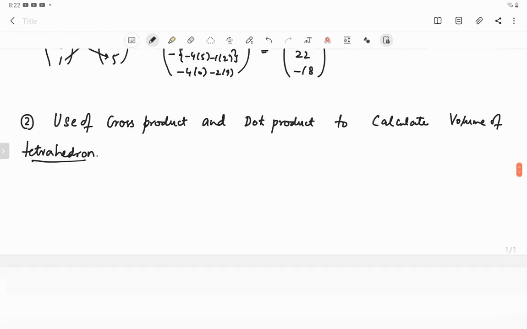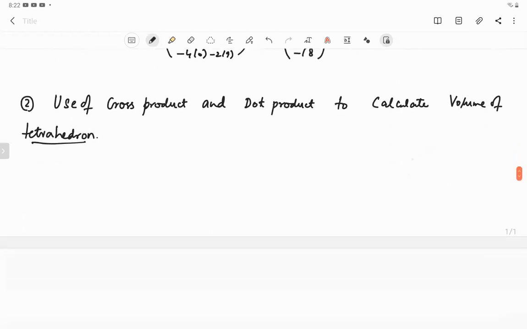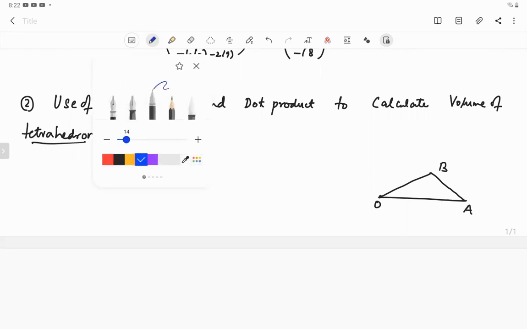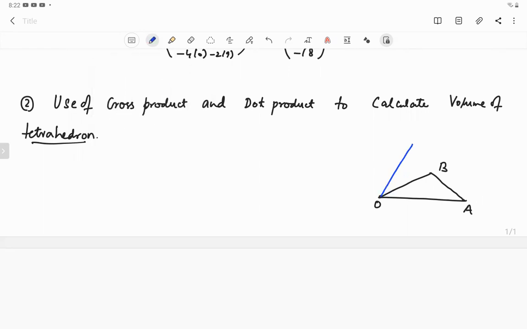What is a tetrahedron? This is O, this is A, this is B, okay? This is a two-dimensional triangle, okay? And then C is somewhere at the top, okay?